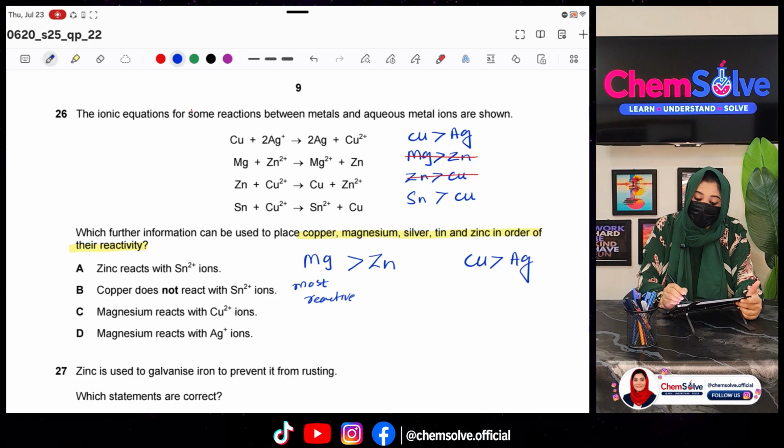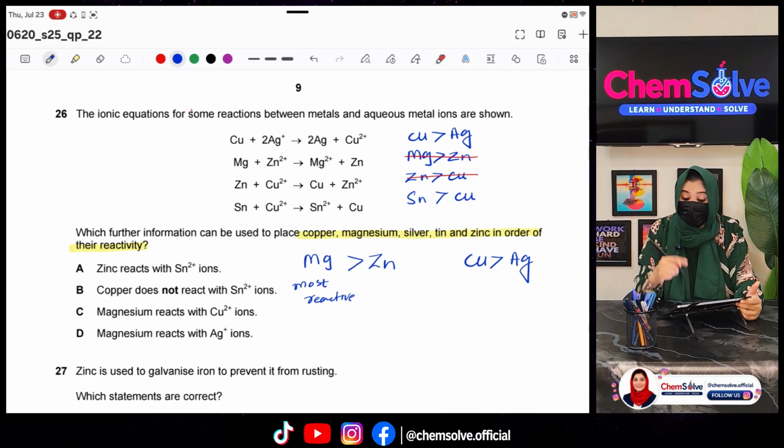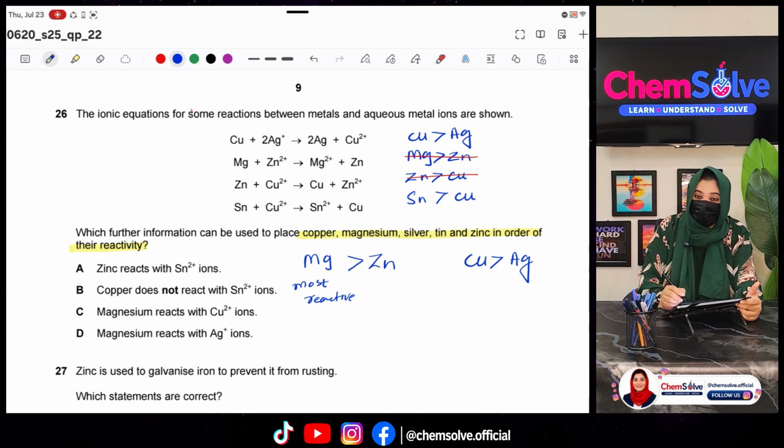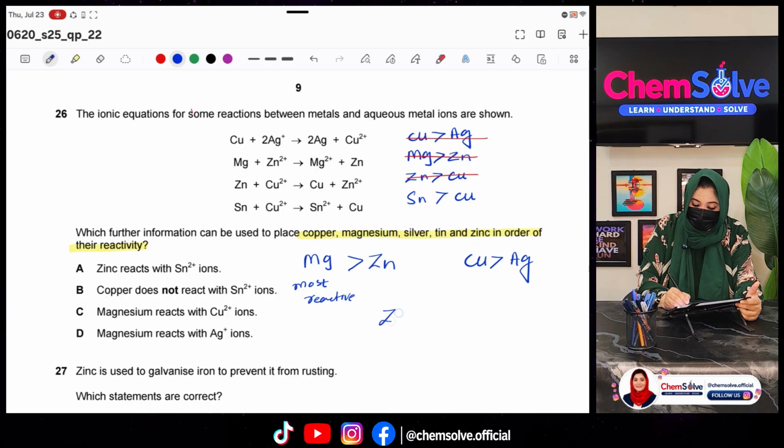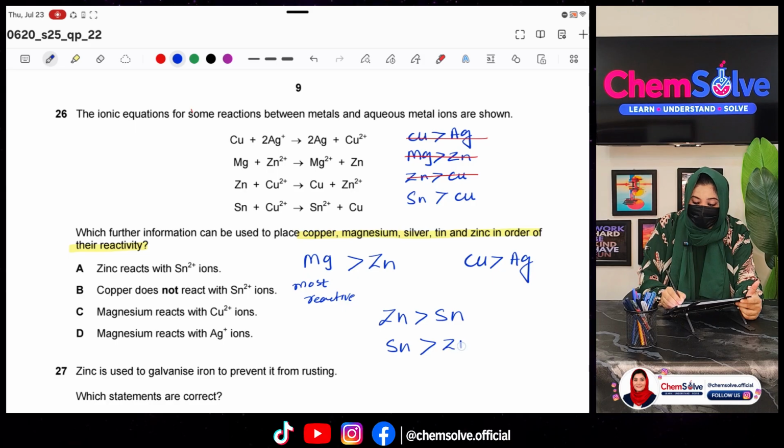We know that tin is more reactive than copper, but we don't know whether it is more reactive or less reactive than zinc. The information that is missing here, let me cut down this equation as well. The equations are missing. We don't know whether zinc is more reactive or tin is more reactive than zinc. This is the missing information.